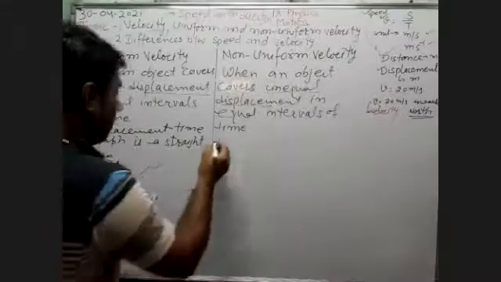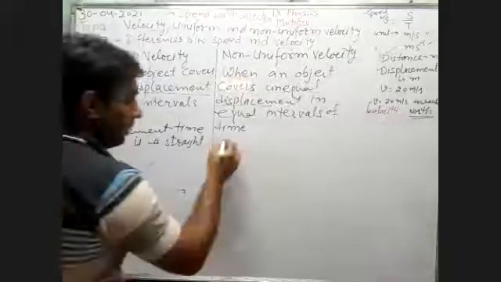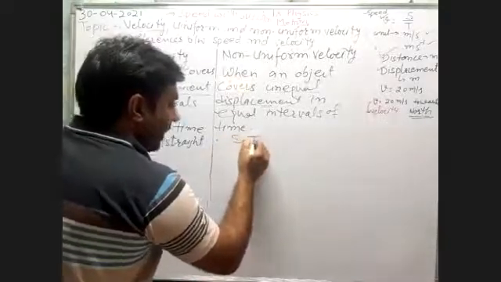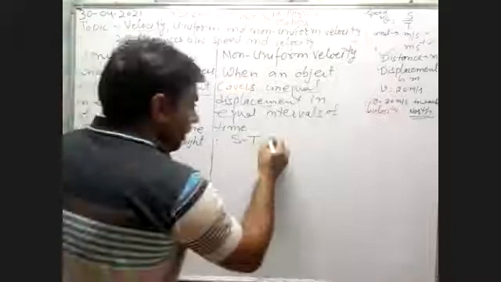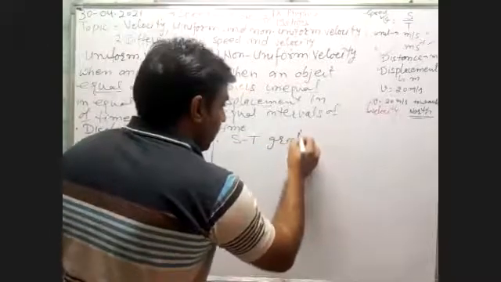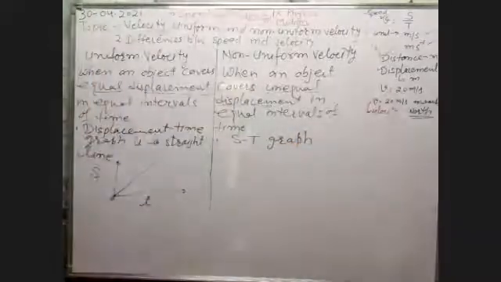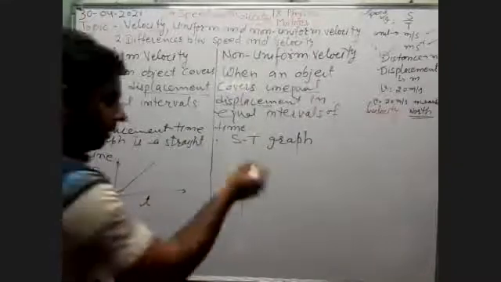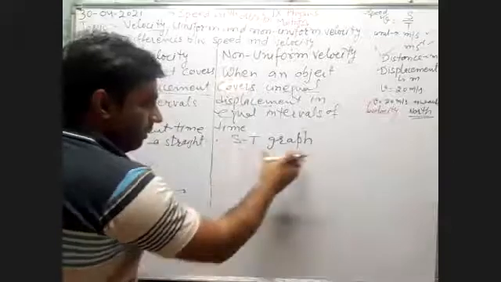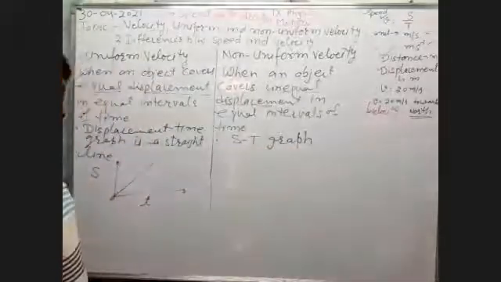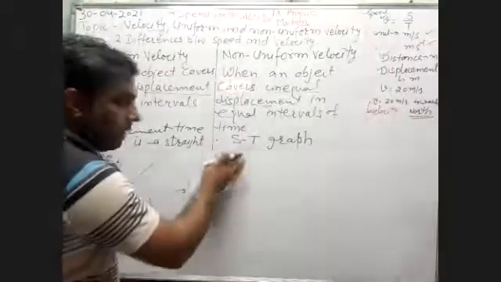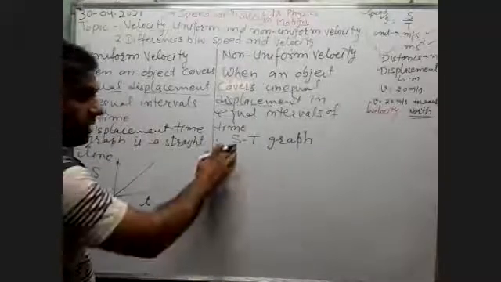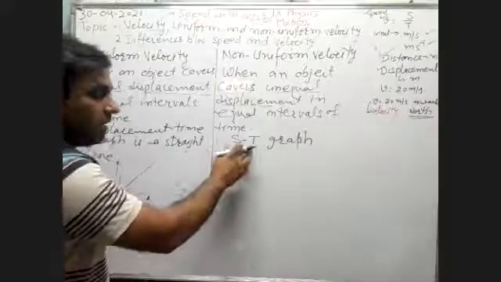So what about the displacement or distance time graph? We can write it like this: ST graph. I'm writing this so that you become familiar with these terms, because in the incoming lectures, when we discuss this graph, you have to be familiar with them. S stands for distance or displacement, T stands for time.